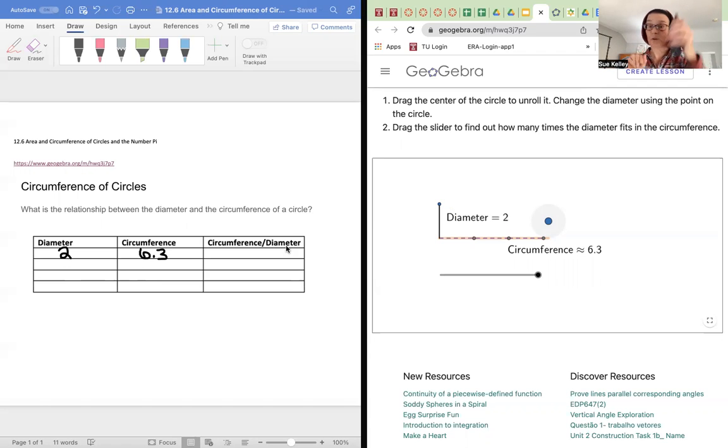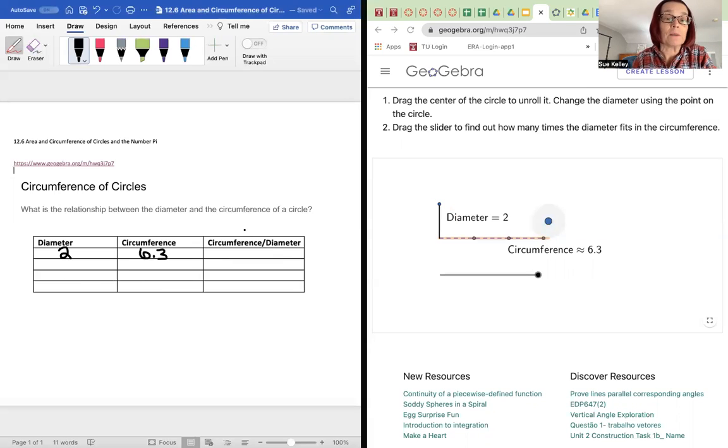I've got my little calculator here. Circumference is 6.3 divided by 2, and we get about 3.15. So that's what we're seeing here, 3 and a little extra. Let me fill in my chart here. 3.15.